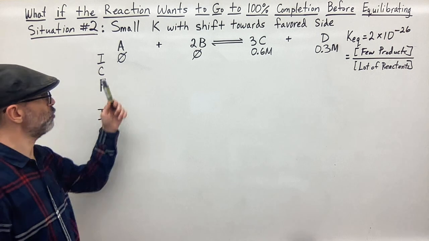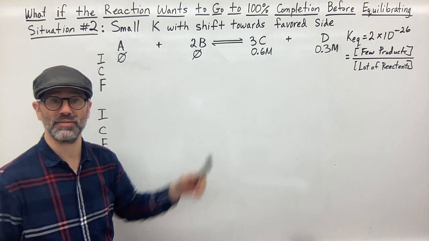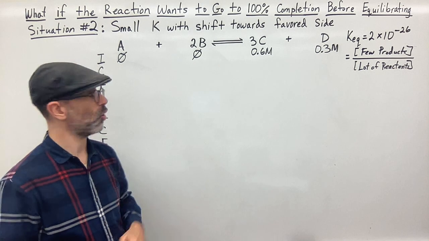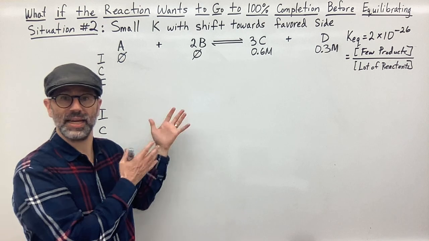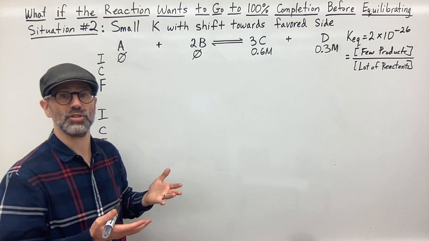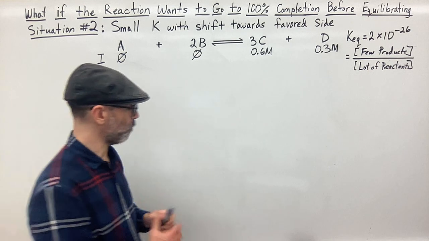So remember, when you do a stoichiometry table, you cannot start with molarities. You have to change the molarities to moles. But for the sake of making this simple, we're going to assume that we have 1 liter of solution so that our molarities are the same as moles.